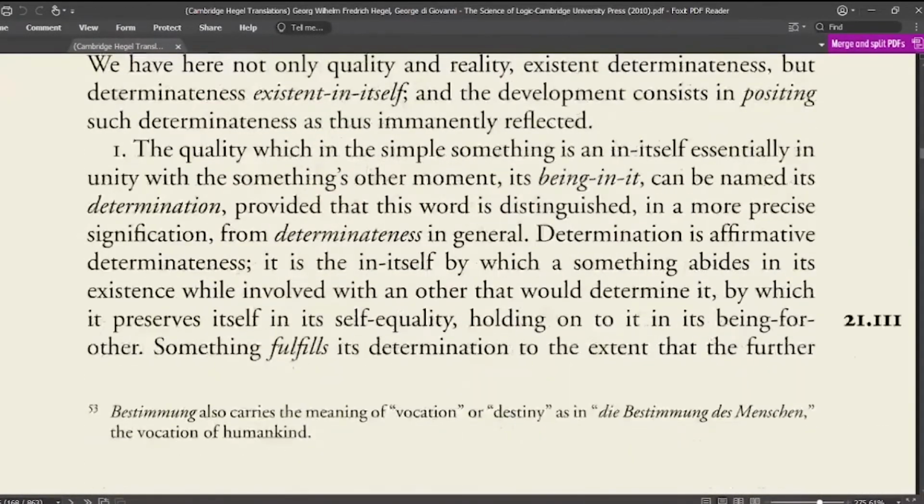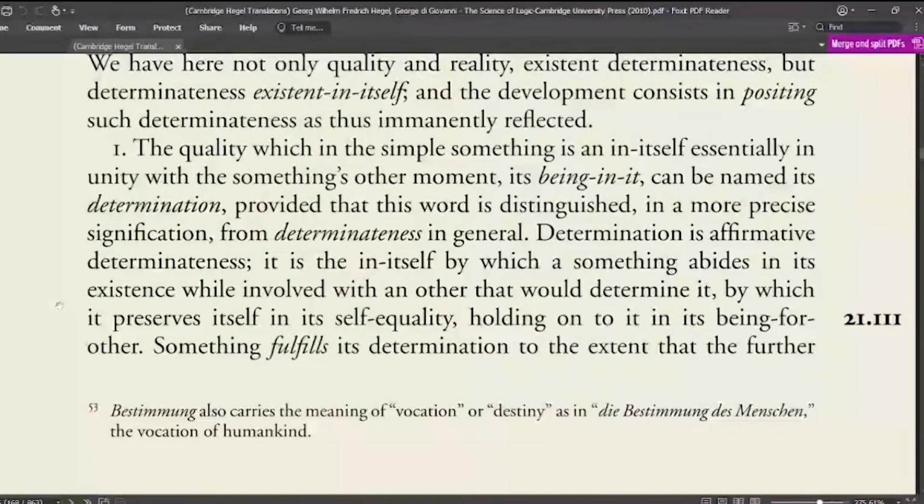So on the quality, which in the simple something is in itself essentially in unity with a something's other moment, its being in it can be named its determination, provided that this word is distinguished in a more precise signification from determinateness in general. Determination is affirmative determinateness.